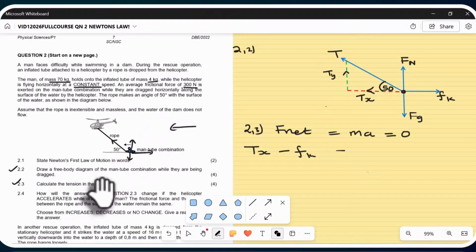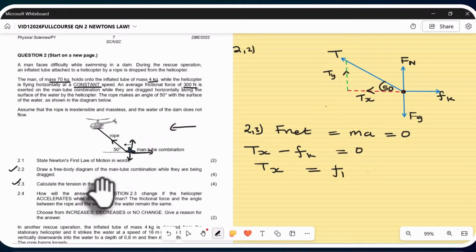But from the triangle here, Tx is the same as T cos 50. That's tension times cos of 50. Hope we are together here. The frictional force they gave us is 300, so it equals 300 here. Because we're looking for the tension, our tension T equals 300 divided by cos of 50.